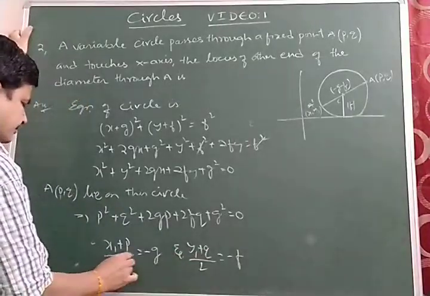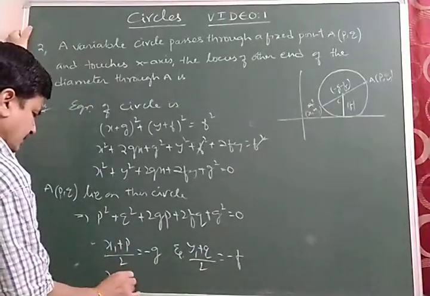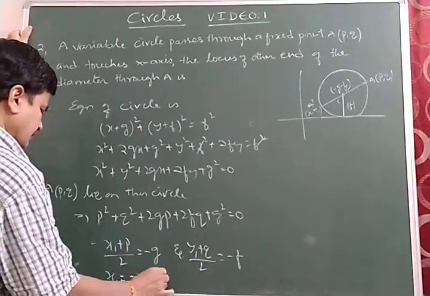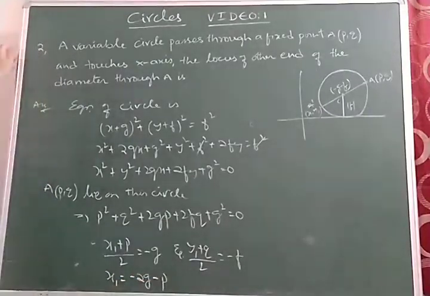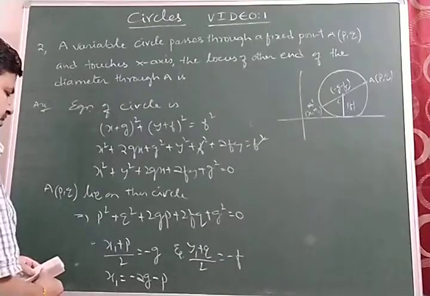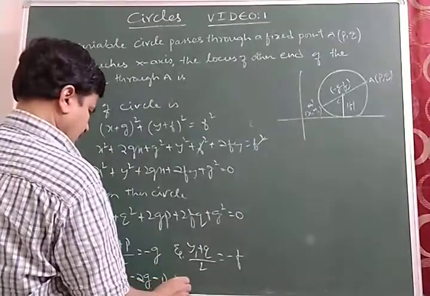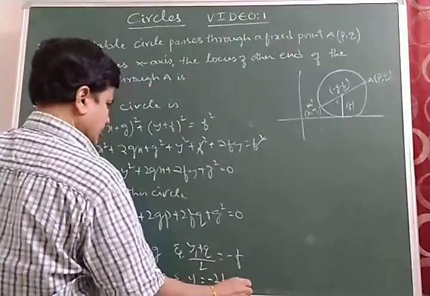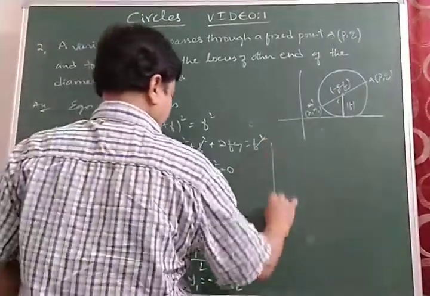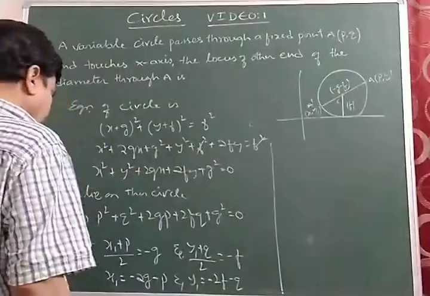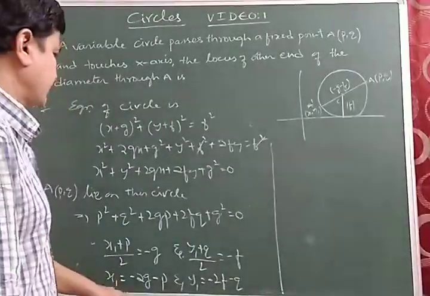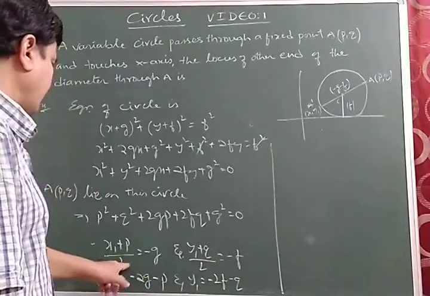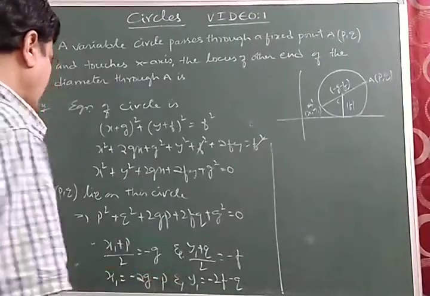Now we take x1 equals minus 2g minus p, and y1 equals minus 2f minus q. Here g is equal to minus (x1 plus p) by 2, and similarly f from y1.